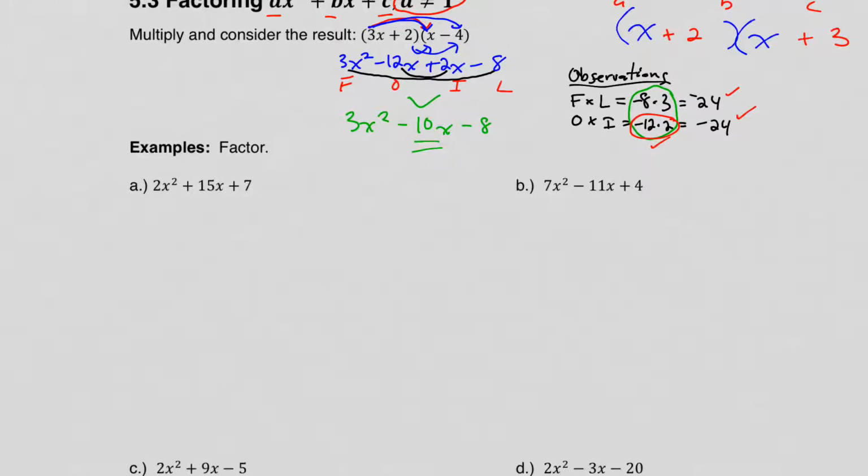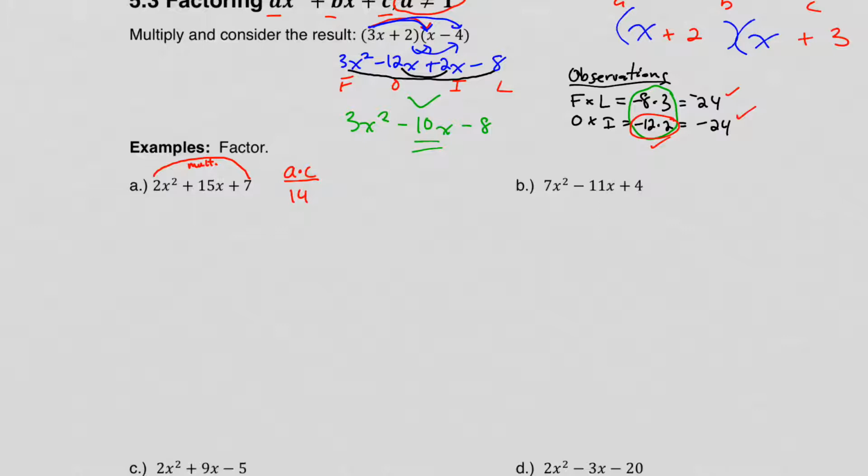Okay, so we're going to do a times c and that's going to give us 14. Okay? Now, instead of using 7, we have to use both a and c, the 2 and the 7.